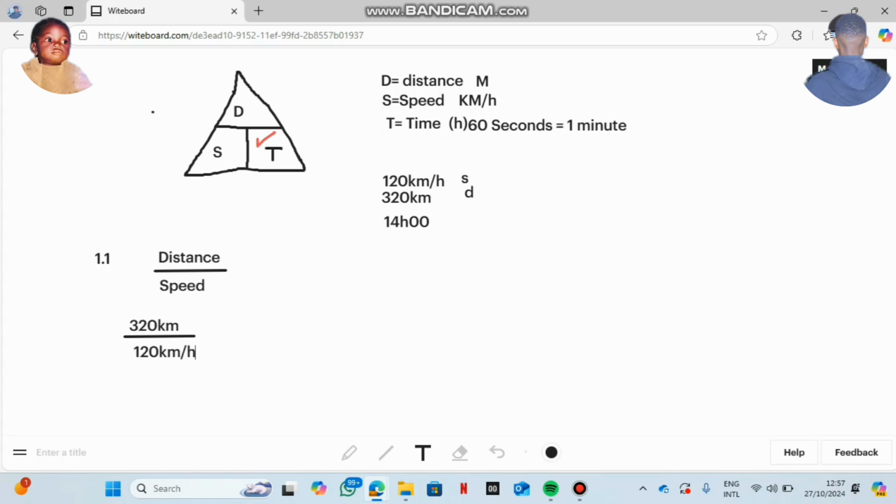So now we punch our calculator: 320 kilometers divided by 120 kilometers per hour. It will give us 2.6666667 hours. Remember, why are we left with this hours? Because kilometer.